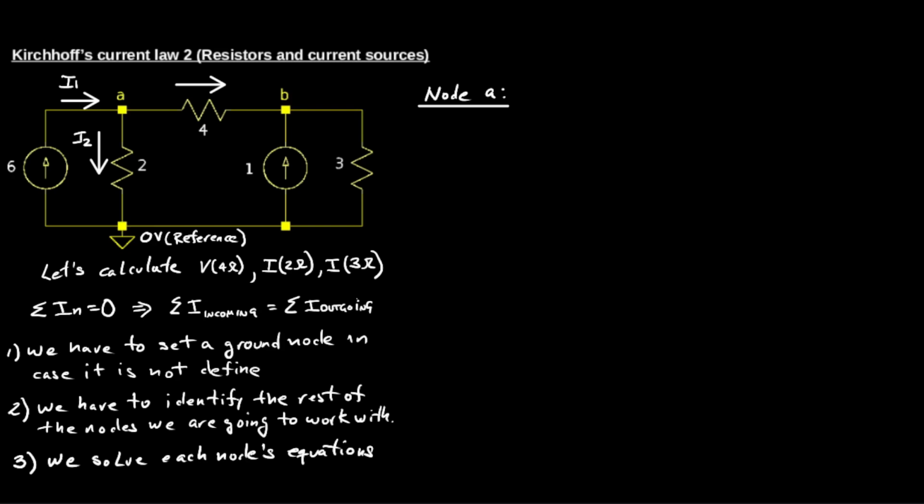In this case, look that I drew I1 from left to right, going into node A. Then I drew current I2, which is coming out from node A, and I drew current I3, coming out from node A. As I said before, you can draw these currents in any direction you want.